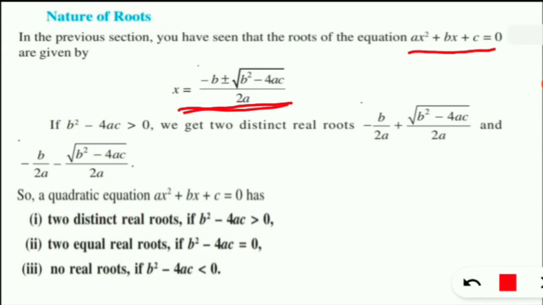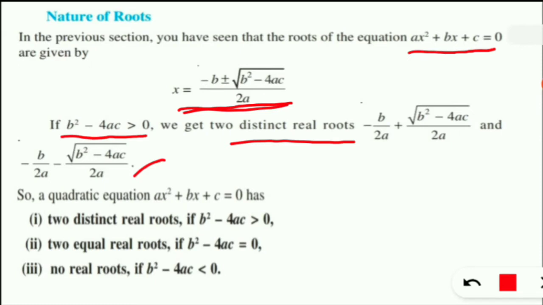So if b square minus 4ac is greater than 0, that means discriminant greater than 0, we get two distinct real roots. The first one is minus b by twice a plus under root of b square minus 4ac divided by twice a, and another is minus b by twice a minus under root of b square minus 4ac divided by twice a.